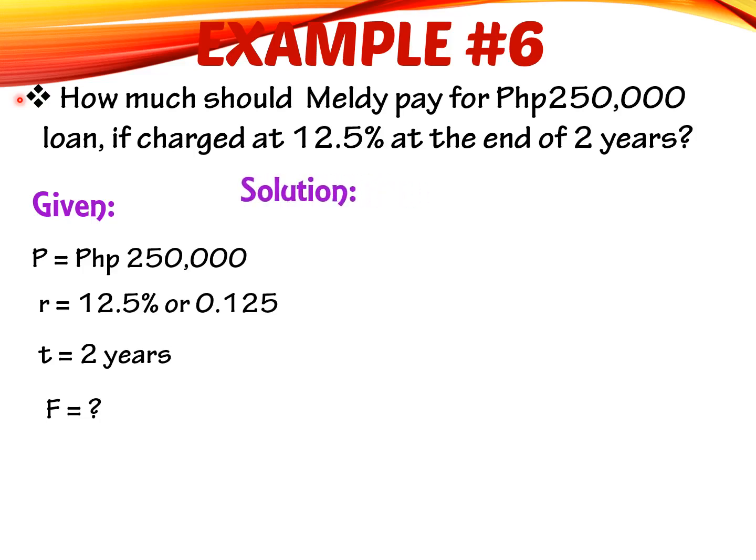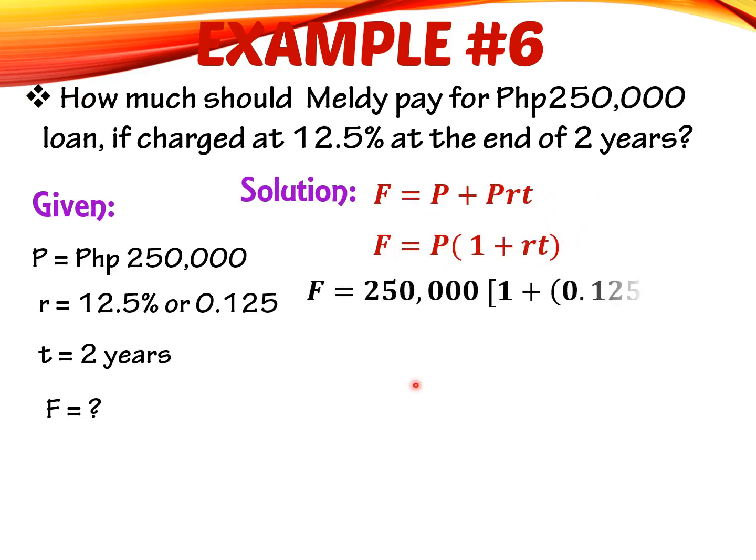Now, unlike the previous given, where you solve first for the interest and then you just add the principal, since we don't have yet the interest, we will be using the second formula or the third formula. So, you choose any of these two. I will be choosing the second formula here. So, substitute, you will have 250,000 times the quantity 1 plus, you multiply the rate, 0.125 times the time, 2 years.